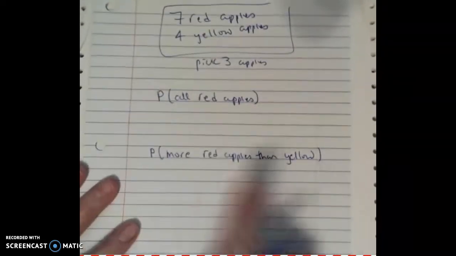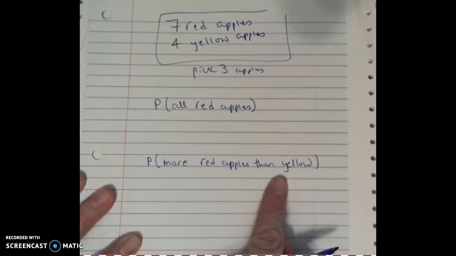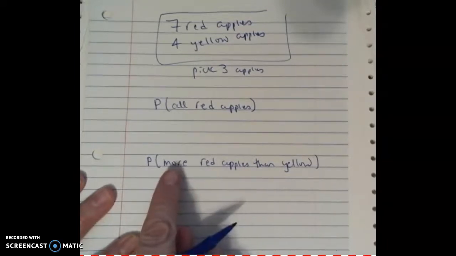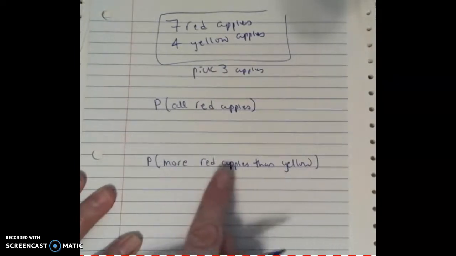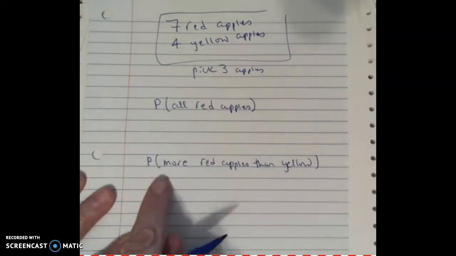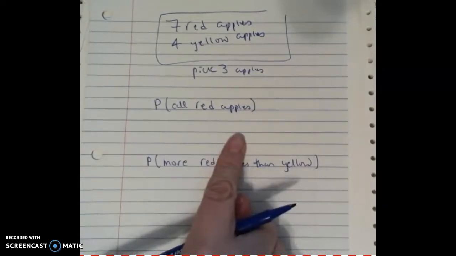Okay, so try to think about how that could happen. This is going to be kind of like an at least or an at most. You're going to add some things up, but you're only going to pick 3 apples. So you have to think of the combinations where choosing 3 apples, you could have more red than yellow. Okay. All right. So that's going to be your homework on these 2.